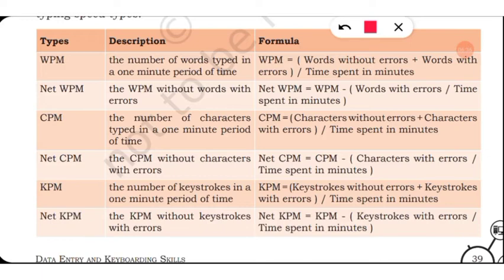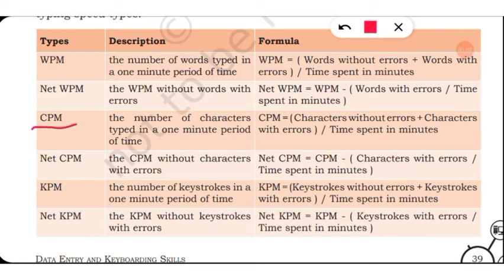Then net WPM. It is the WPM without words with errors, that is, words with errors are removed. So net WPM is equal to WPM minus words with errors, by time spent in minutes.